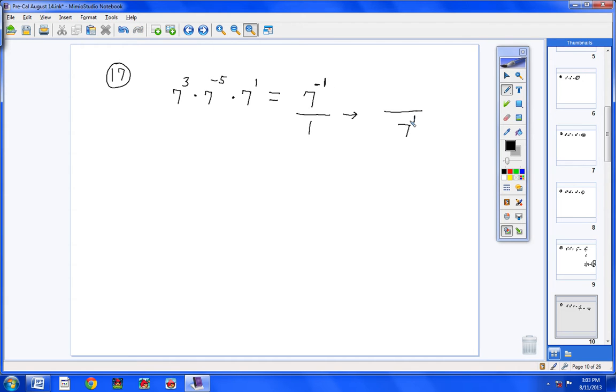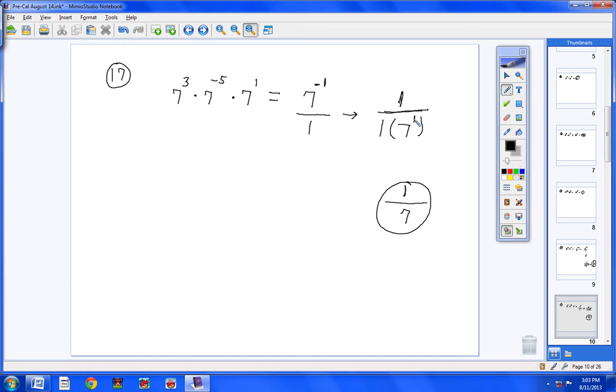So I have 7 to the positive 1, and there's already a 1 down here in the bottom. So I'm going to put a 1 right here, and there's a 1 up top, of course, because there was nothing left, so I put a 1 up top, and my final answer is 1 over 7, because a 1 in the numerator stays 1, and down here I have 1 times 7 to the negative 1.